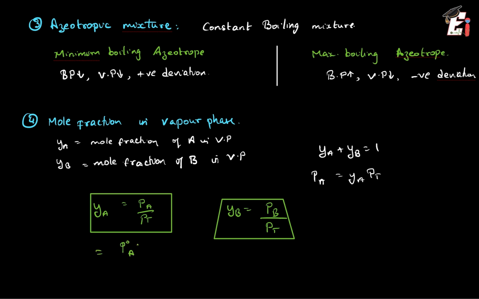If you want to substitute the values, you can write P naught A x A instead of pressure of A, and total pressure you can write P naught A x A plus P naught B x B, pure substance pressure. And here for B, pure B vapor pressure into mole fraction of B divided by the same thing. This is the concept, okay?